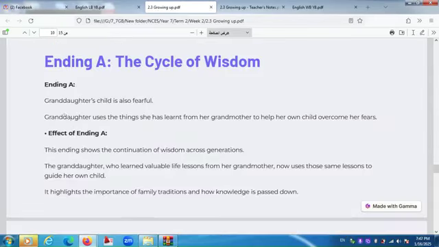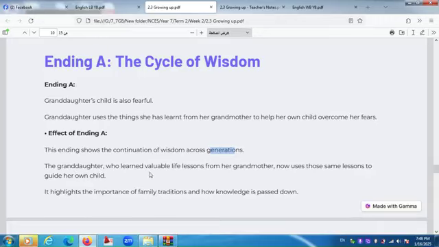I think, okay, ending A: let's discuss both of them, let's analyze both of them, and then we will choose. The granddaughter's child is also fearful, and the granddaughter uses the things she has learned from her grandmother in order to help her own child to overcome the fears. This ending shows a continuation of wisdom across the generations, passing or transmitting the values and the song from generation to generation.